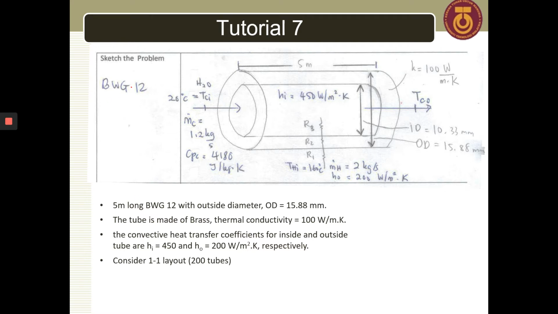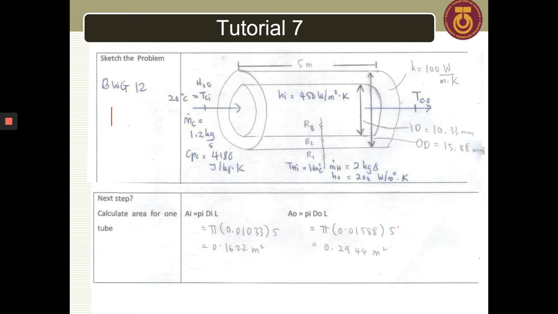So again, sketching the problem is the first step. I think you all know how to sketch the problem, and also to illustrate and label the problem. So in this case, first I wrote down the calculation of area for one tube.